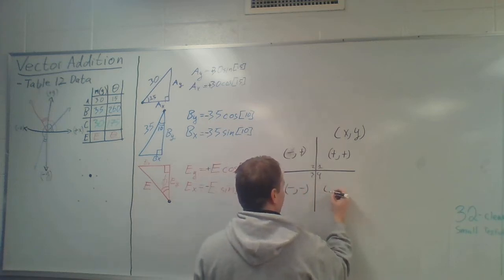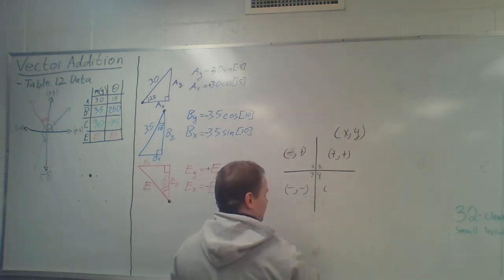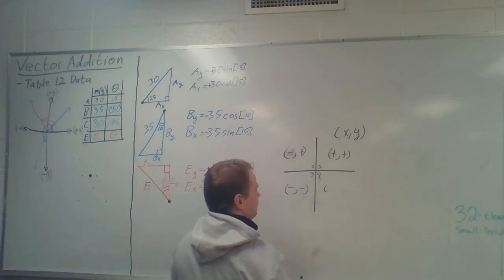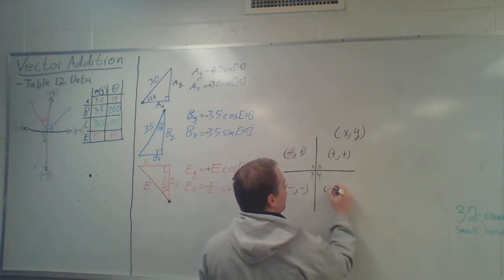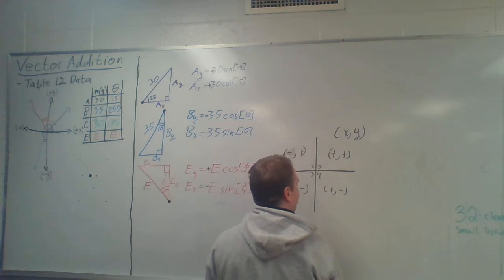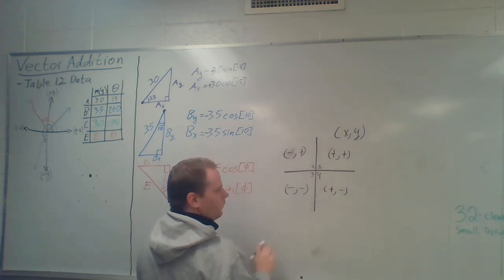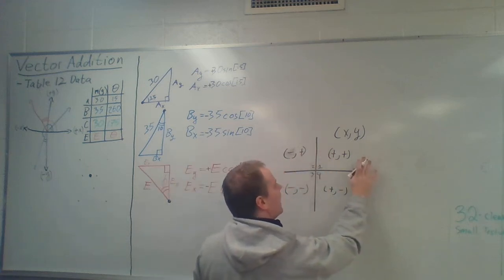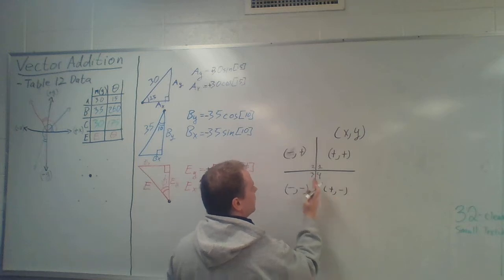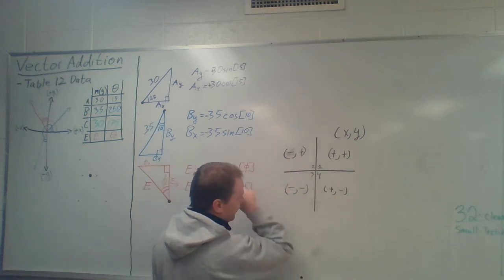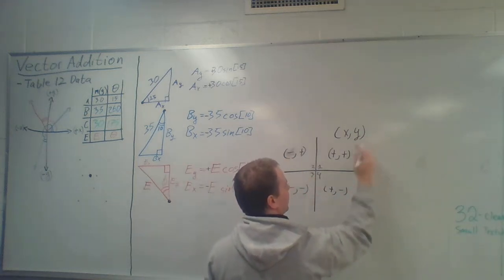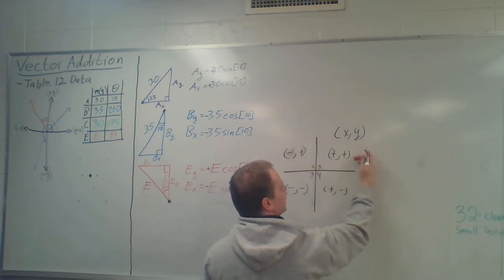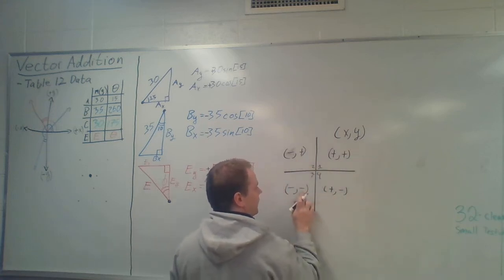And 4 is positive, negative. Because on this side of the y-axis, x is positive, but on this side, x is negative. And above the x-axis, y is positive, while below, y is negative.